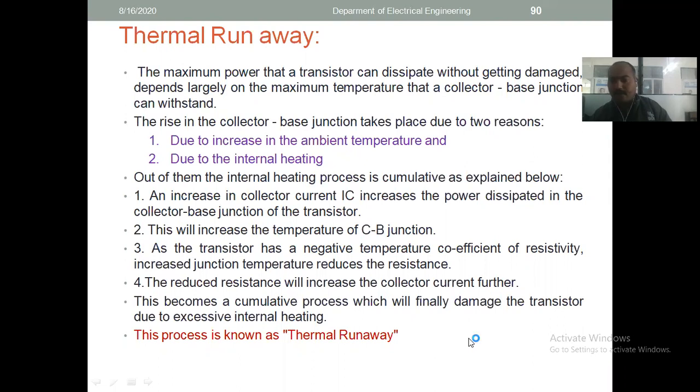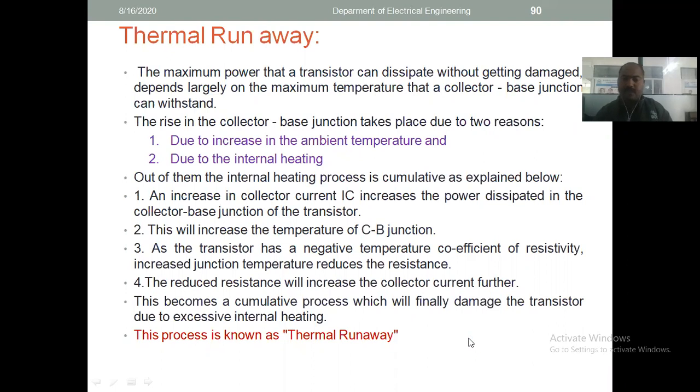Because we applied the input to the base and got the output at the collector. The important factor for input and output is base and collector, so the temperature of that junction also increases, because the output current across your collector increases. That is why the collector base junction is the important factor.